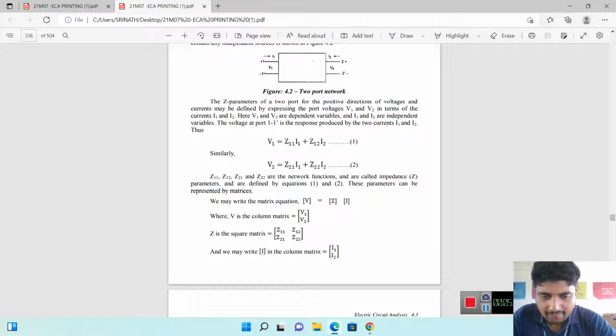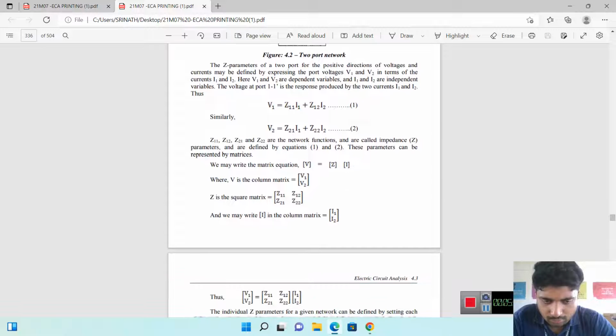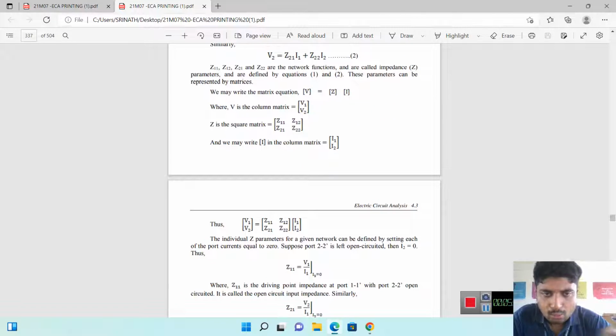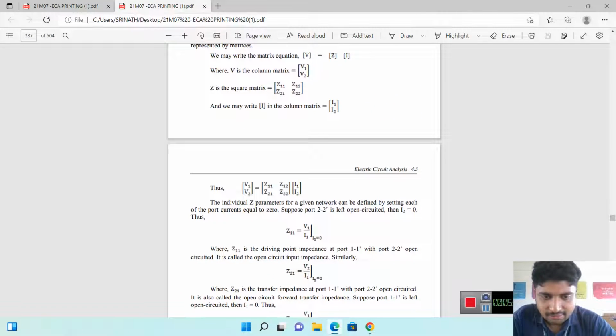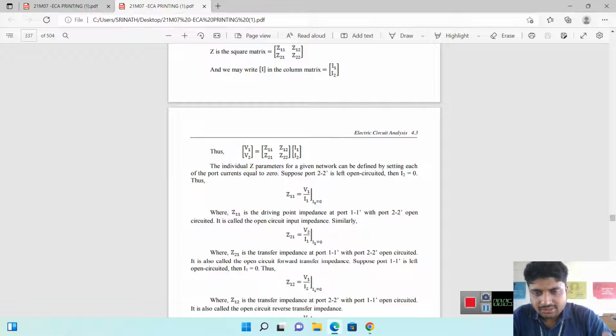Finally we write the open circuit impedance as V equals Z into I. V1, V2 are in one column matrix, and the Z parameters form the square matrix, which is multiplied by the current matrix.